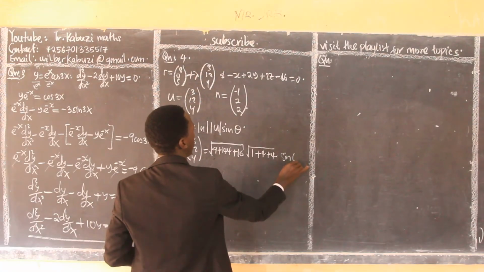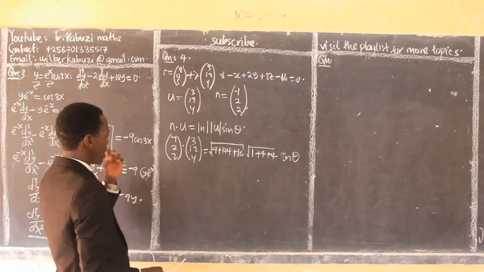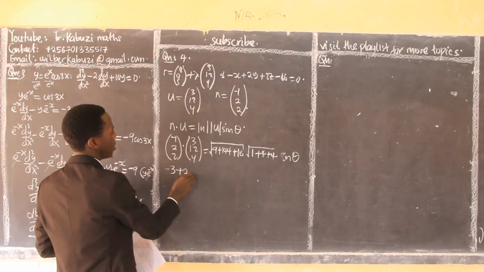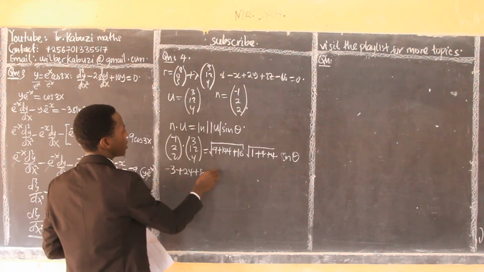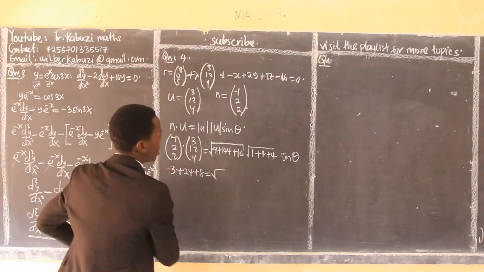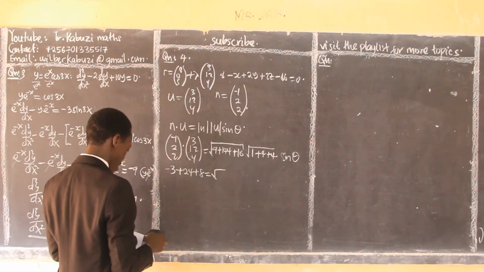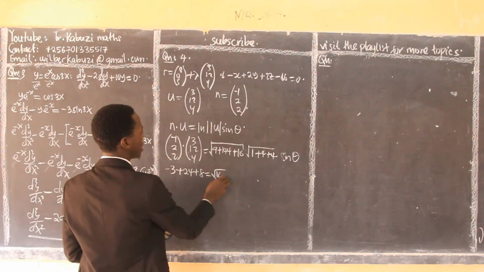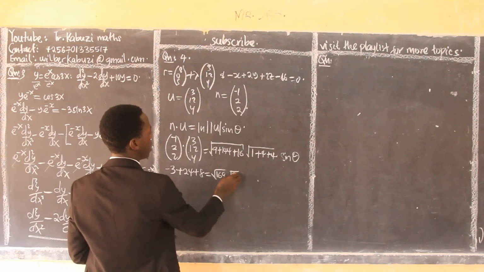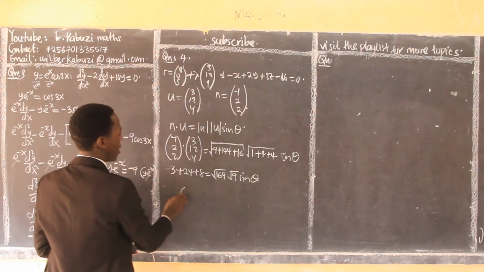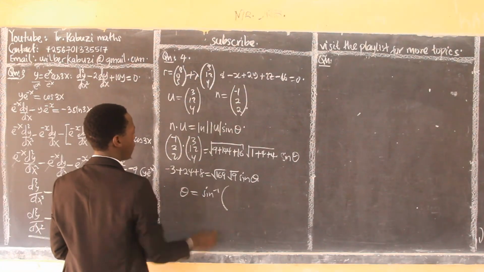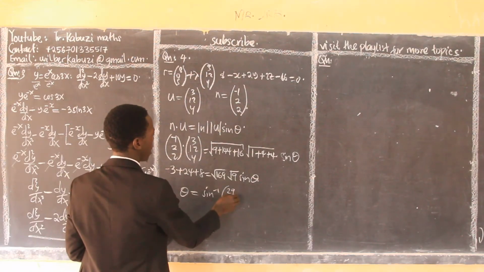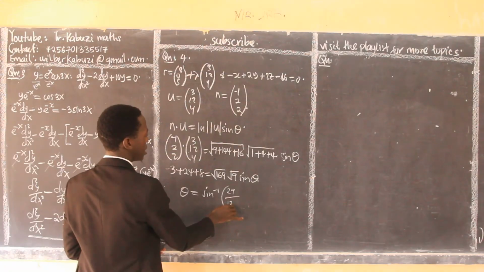Then when you dot, this is going to give us negative 3 plus 24 plus 8 equals the square root of, we add these ones and we multiply them. So we have 9 plus 144 plus 16, which is giving us root 169, times root 9, sine theta. So now from here, my angle will be sine inverse of, when we simplify this, 29 over, this one is 13 times 3.